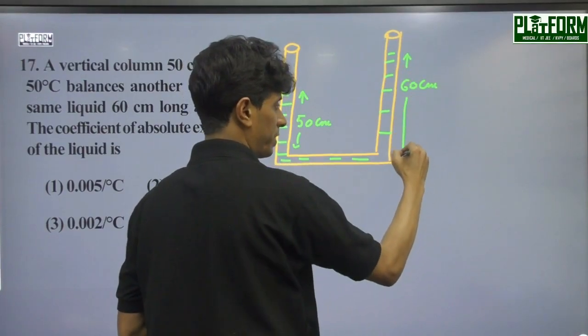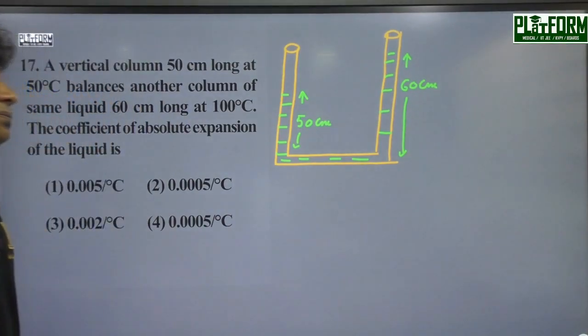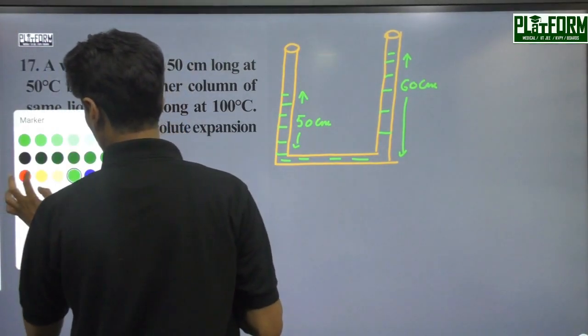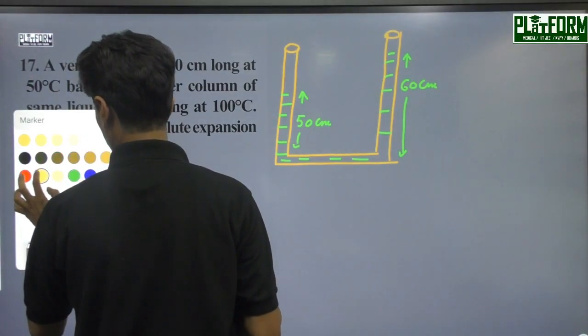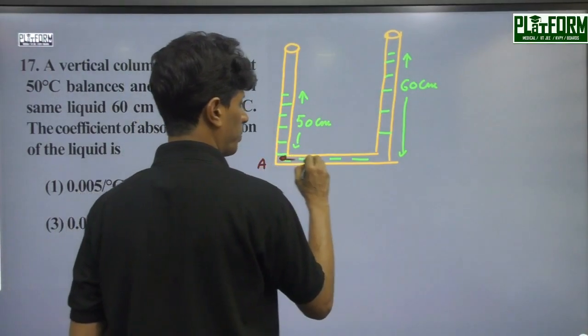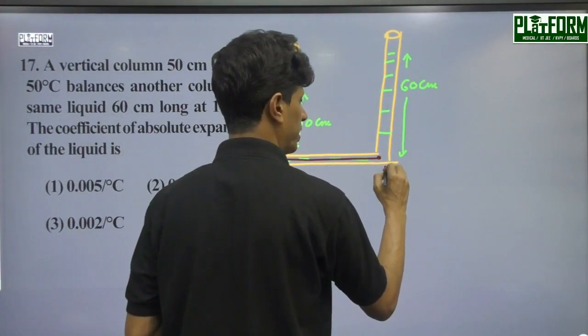I have drawn this figure for your better understanding. We consider a point A and another point B on the same horizontal line.